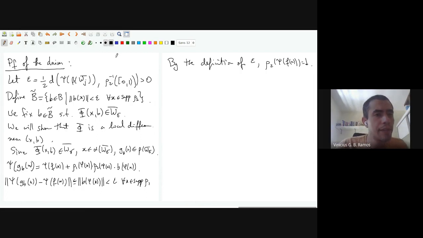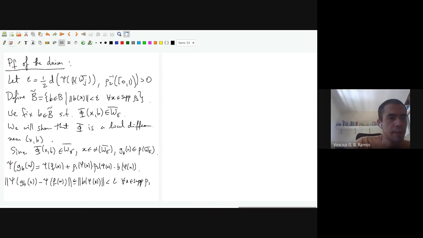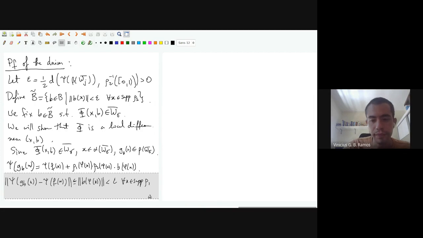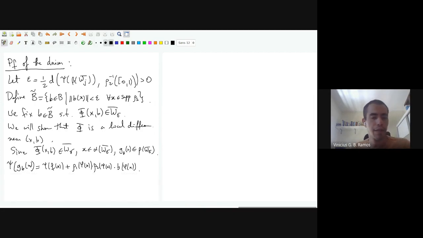No, sorry, this doesn't make sense. Okay, so rho 1 and rho 2 are going to be equal to 1 here, because I am on the set of points where rho 1 and rho 2 are 1. Let's leave this expression here, I don't quite like it like this, but maybe we'll do something with it. No, let me do this, and then we'll see.